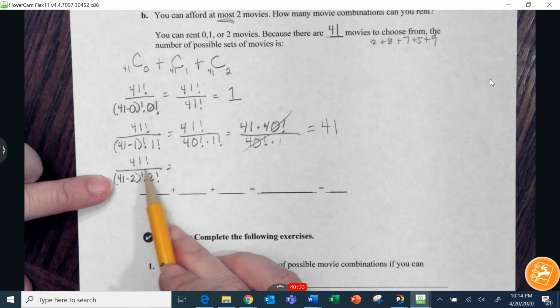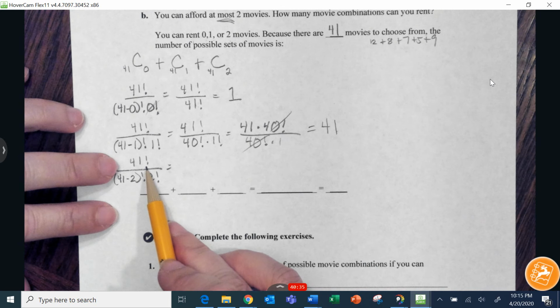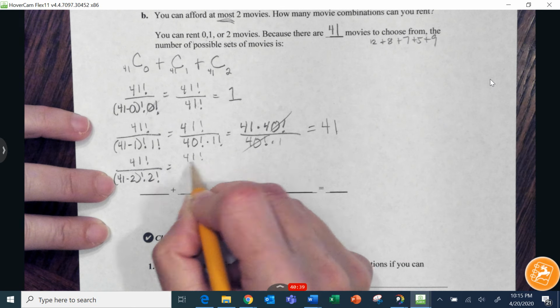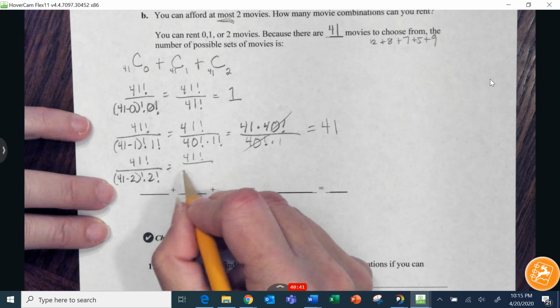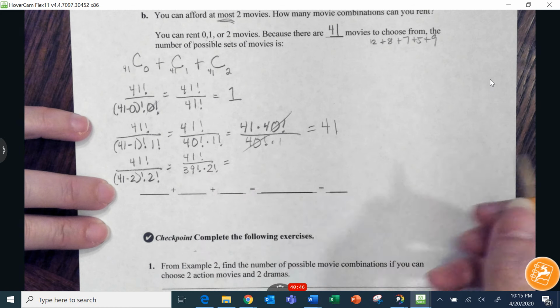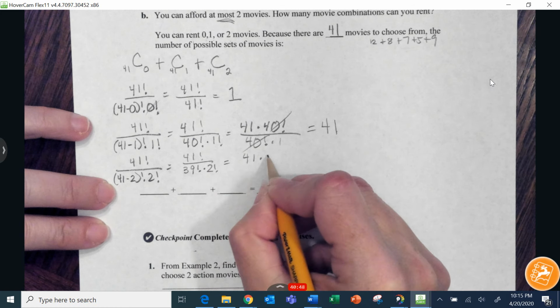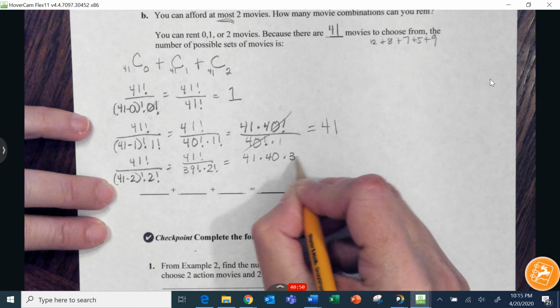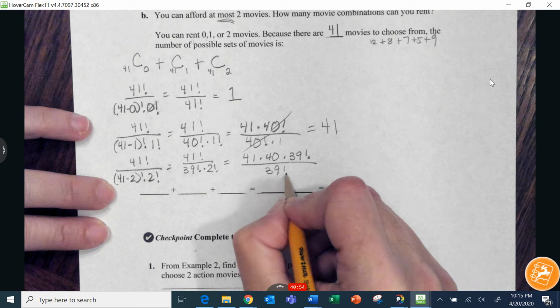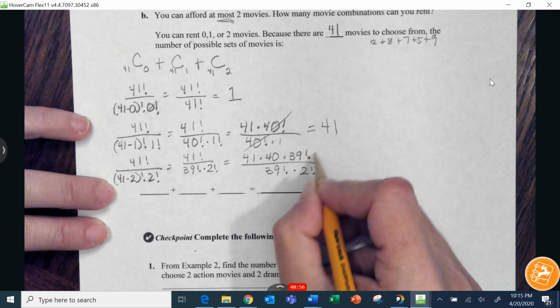And then the last one, 41 different movies to choose from, but we're going to choose 2 of them. So 41 factorial, and then 41 minus 2 is 39 factorial times 2 factorial. So we get 41 times 40 times 39 factorial over 39 factorial times 2 factorial.